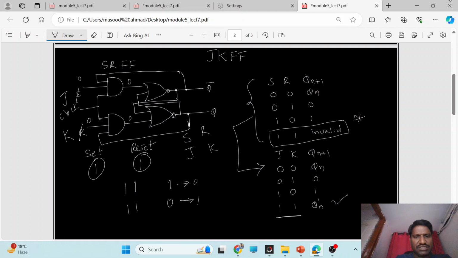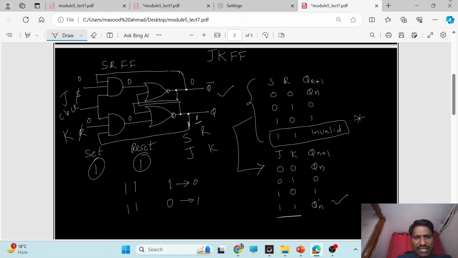What is that no change? Let's suppose Q is at 1 and Q bar is at 0 presently. So 1 NOR 0 is 0, and 0 NOR 0 is 1. Is there any change? No change. I have assumed Q is 1 presently, and with 0, 0 as input there is no change in the output. Once again I am getting the same output, Q as 1 and Q bar as 0.